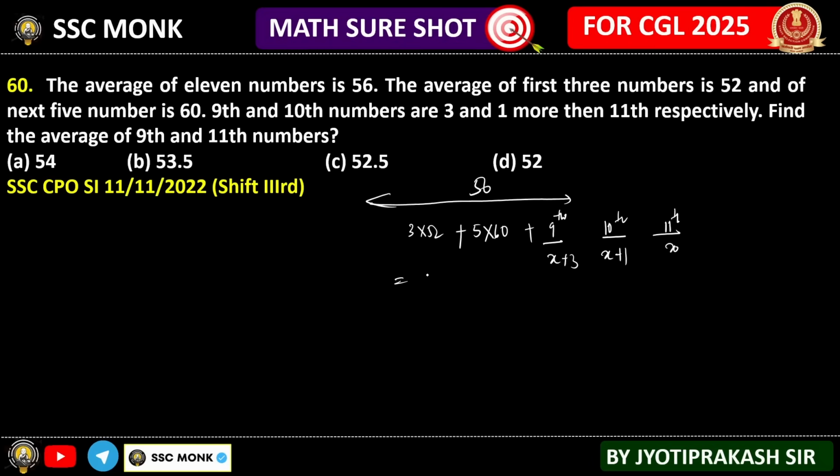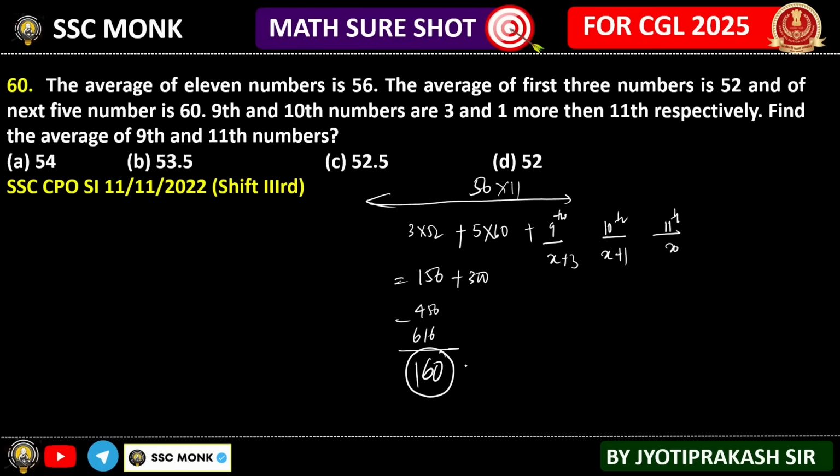Now 3 into 52 is equal to 156 plus 60 into 5 is equal to 300. That is equal to 456. So 56 into 11 is equal to 616. So 616 minus 456 is equal to 160.